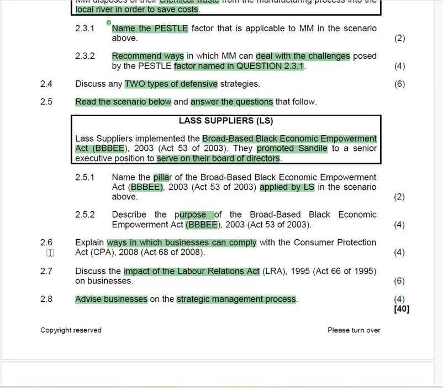Then 2.6, we need to explain ways in which a business can comply with the Consumer Protection Act. There are a number of ways the company can comply. So, to ensure they are transparent, fair, and honest in all their dealings with the customer. That's the aim of the Act.